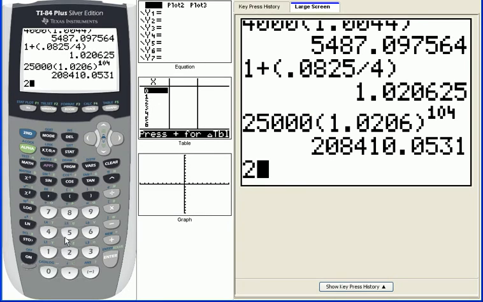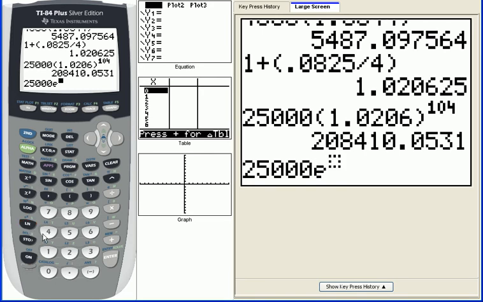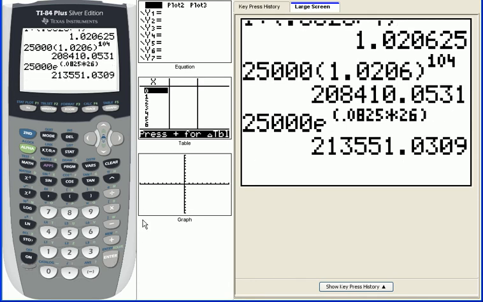So we're going to say 25000, second LN button, and then in parentheses we're going to take 0.0825 times 26. And you get a little bit more money, not a whole lot, about $5,100, but you've got an extra $5,100.